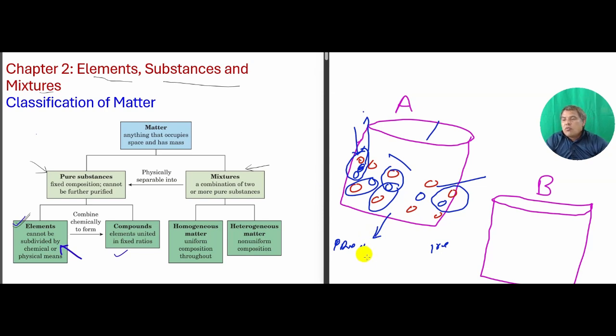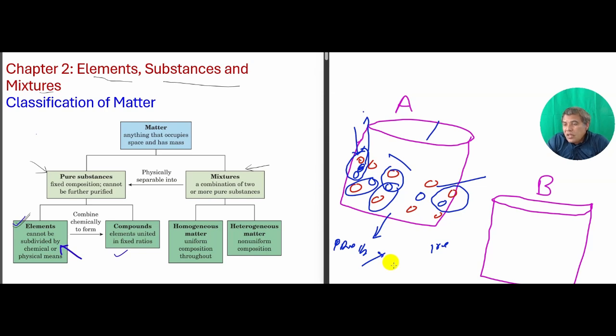For example, salt water: you take it from one corner and it feels salty, other corner salty, other corner salty. So every constituent is homogeneously distributed, and that is said to be a homogeneous mixture.